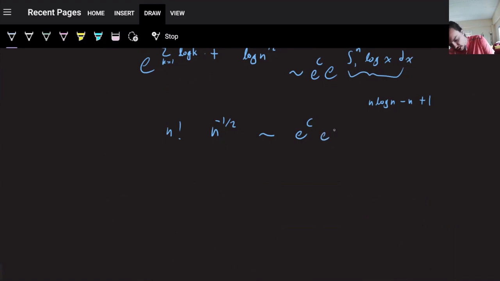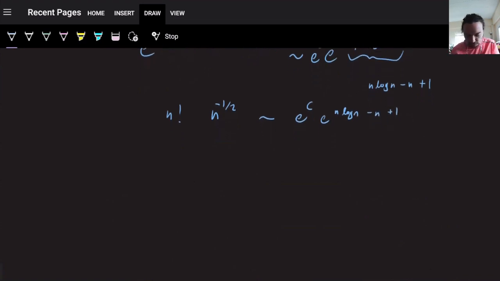So e to the n log n minus n plus 1. I'm going to use log rules to push the n in here. I'm going to put the plus 1 with c, so this is now c plus 1.